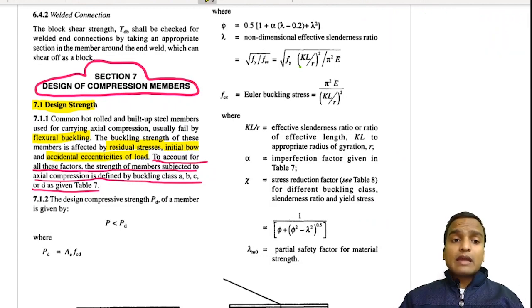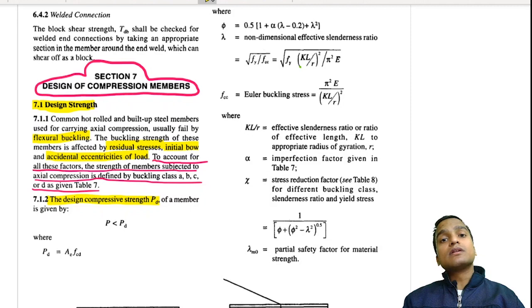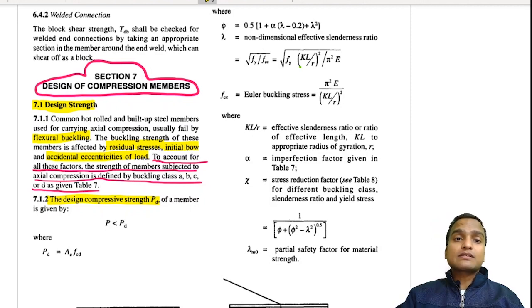In the empirical approach, the design compressive strength is represented by PD, okay. So this is compressive strength, PD is a force here, okay. This is not the FCD. So here the external axial compression force P that is coming on the compression member axially should be less than the design compressive strength, all right.